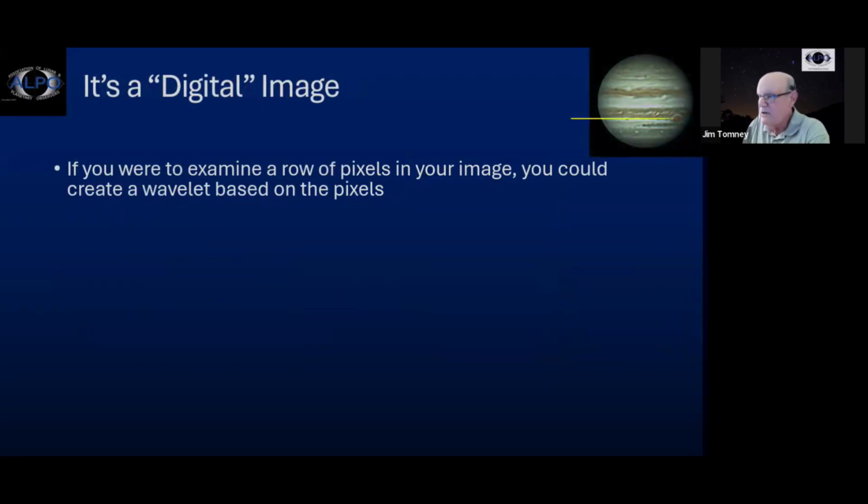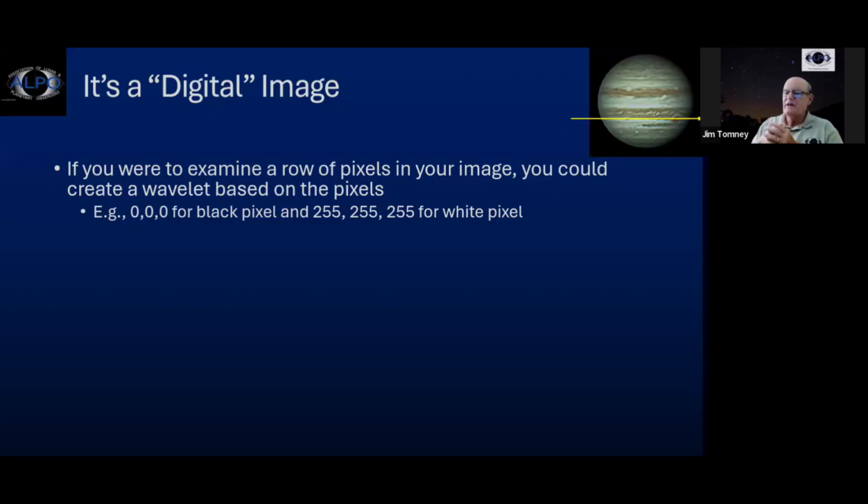So basically, the heart of all of our image magic is that it is a digital image that we are working with. So you can imagine that if we were to examine a row of pixels across our image, we take a slice, running from left to right across, we could take that information, in other words, the value for each pixel.